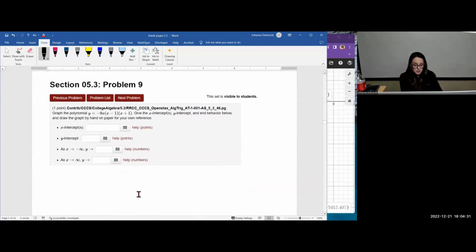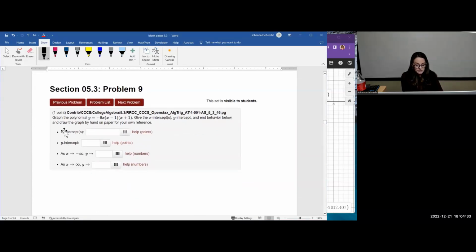This is very similar, but in this problem, we're asked to find the x-intercept and y-intercept. Then we're asked to give the end behavior. So on this particular one, remember what happens when you try to find the degree. We take the highest degree term from each factor. So I've got -9x as one factor, x minus 1 is a factor, and x plus 1 is a factor, things separated by multiplication.